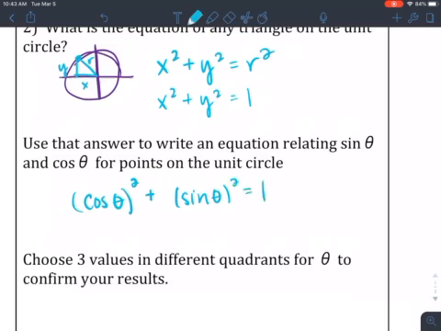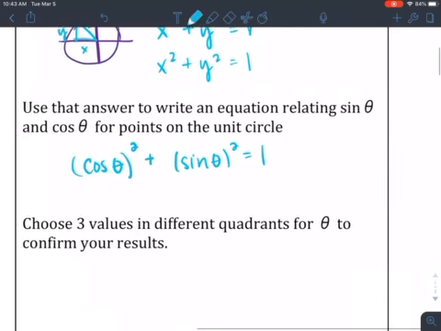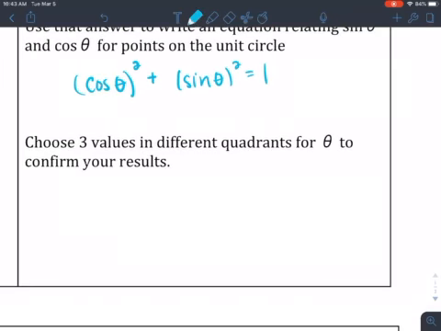So this is another way that we can represent the lengths of a triangle on the unit circle, or any ordered pair on the unit circle. So this is an identity. We're going to try a couple here. If we have the cosine of 1 squared plus the sine of 1 squared, does that equal 1? Try another one. Type those into your calculator.